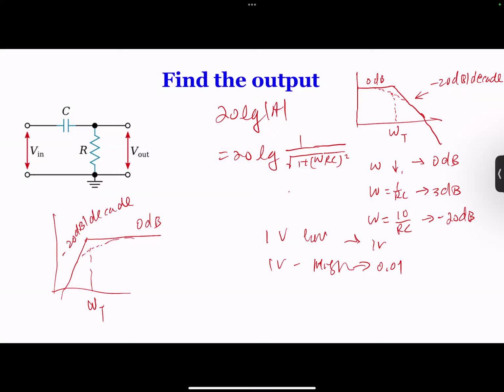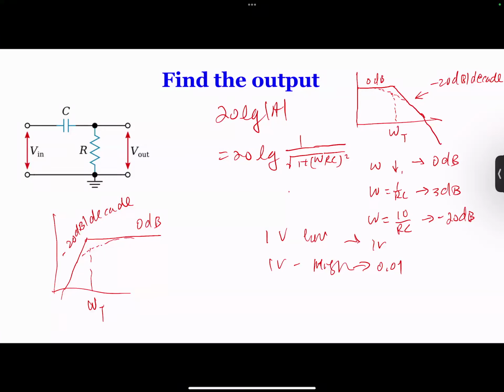Which means for high frequency, things are going to pass 100%, the gain is 1 and 0 dB. But if your frequency is low, unfortunately, it'll be attenuated. So your output will be smaller. The lower the frequency is, the smaller.